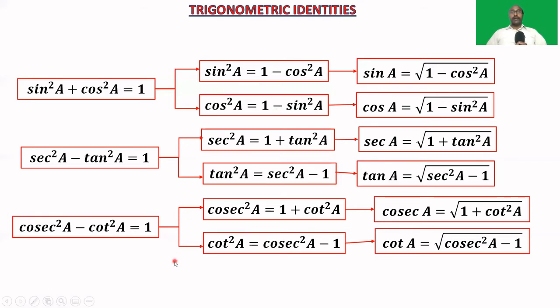Apart from this, we have some more identities we already know and discussed in previous classes. That is sin theta into cosec theta is equal to 1, because we know that sin theta and cosec theta are multiplicative inverses of each other.